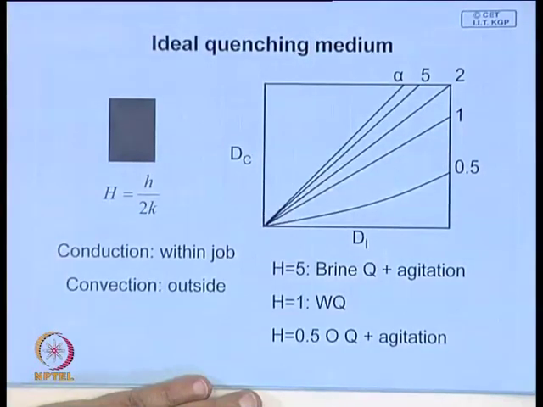But the critical diameter still depends on the cooling rate. Now, the question comes: can we have a term which is independent of cooling rate? The first attempt to give a proper quantitative definition was made by Grossman. He visualized an ideal quenching medium. What is an ideal quenching medium?